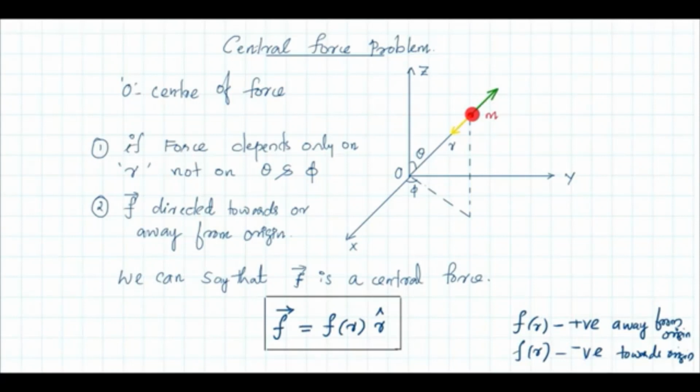That is, if this particle is placed on the surface of a sphere with the center of force as its center, then the magnitude of force will be the same. Irrespective of the angles theta and phi, the force acting on this particle will be the same. The force will change only if this distance varies.